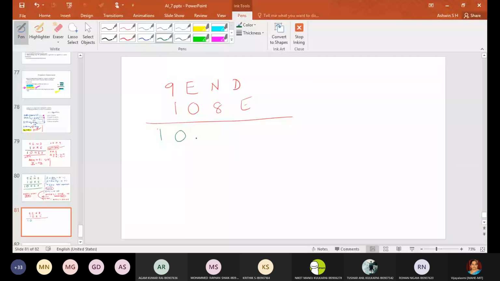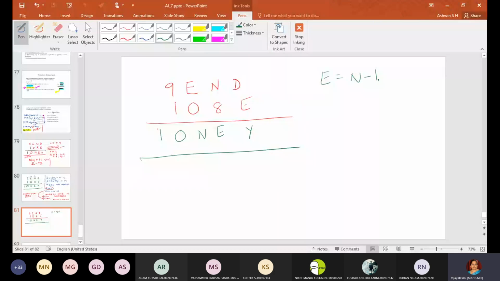We have reached till here. Now from the previous slide, I have an equation here: E is equal to N minus 1.